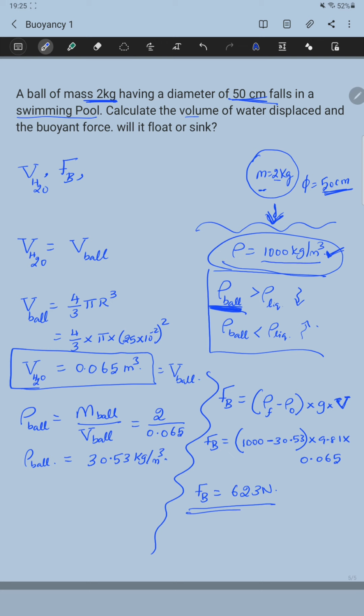This is the force exerted by the water on the ball. And since the buoyancy force is a positive value, the ball will float. We already found out that the ball will float from the comparison between the density of the ball and the density of water. Do you see how simple this is?